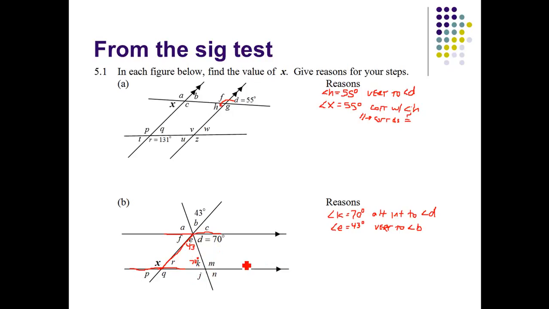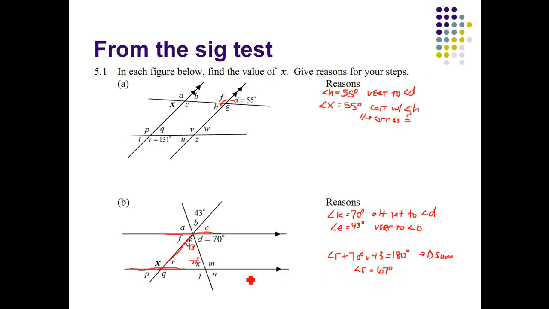Adding those together, angle R plus 70 plus 43 equals 180 degrees. This is basically our triangle sum. We have 113, so angle R is equal to 180 minus 113, which is 67. So we have 67 degrees as angle R.